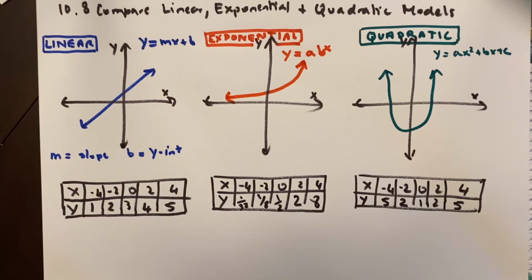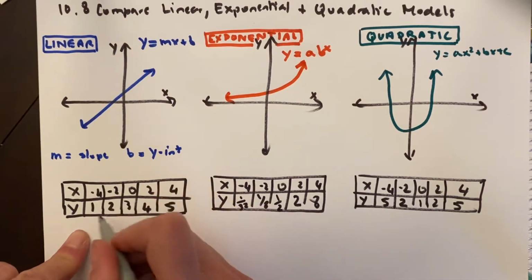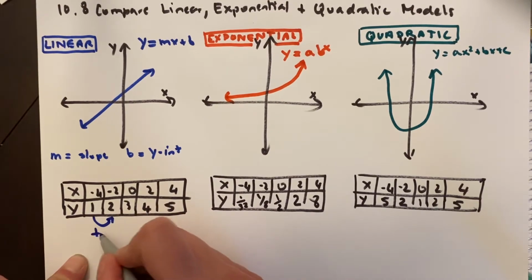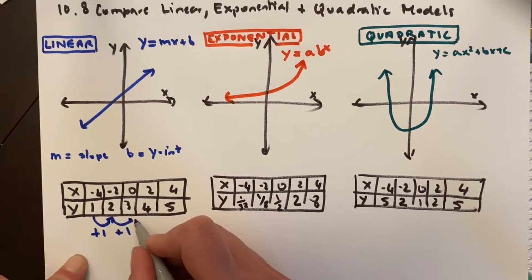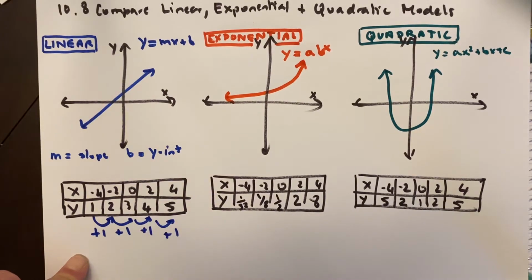Now, if all I did was present you with this data, how would you know what function is which? Well, if you look at this first one, for every change in 2 for x, there's +1 for y, right? So the change of y over the change of x is constant, which means that that's my slope.